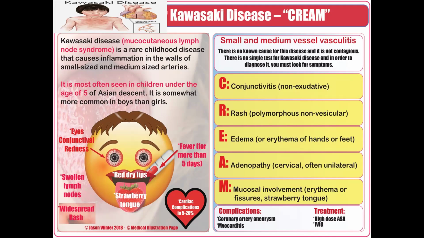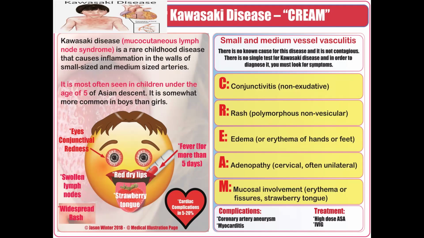It is somewhat more common in boys than girls, characterized by fever for more than 5 days. The eyes show conjunctival redness, swollen lymph nodes, widespread rash, and cardiac complications in 5 to 20%.